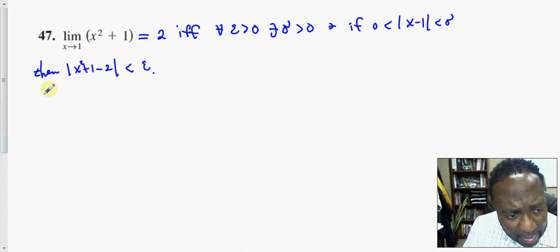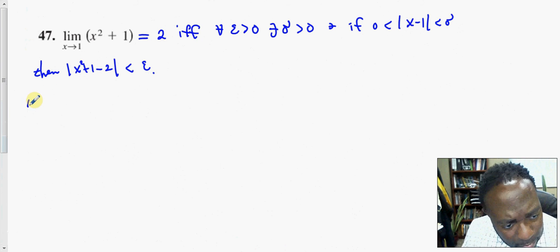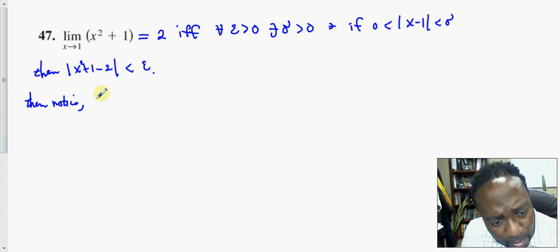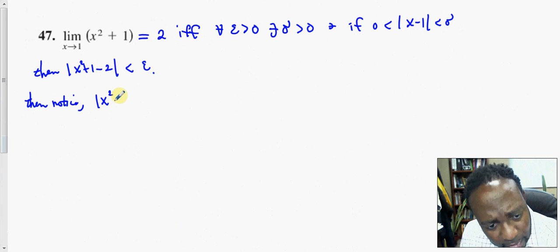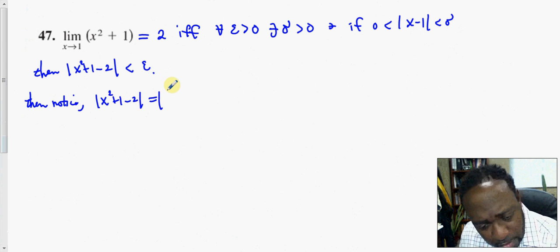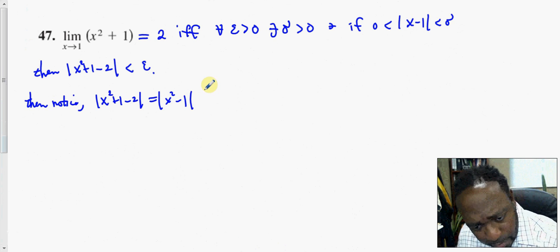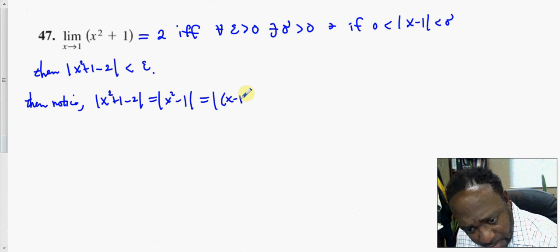So if that be the case, then notice that we have the absolute value of x squared plus 1 minus 2, which is equal to the absolute value of x squared minus 1. This is equal to the absolute value of, just factor inside, x minus 1 times x plus 1.